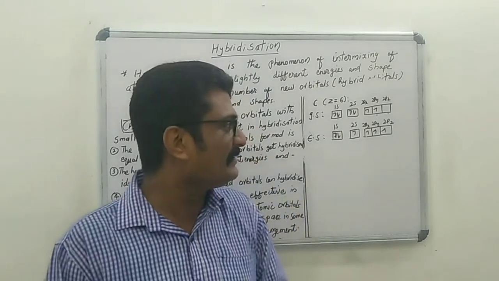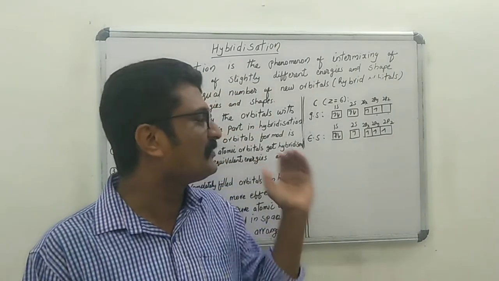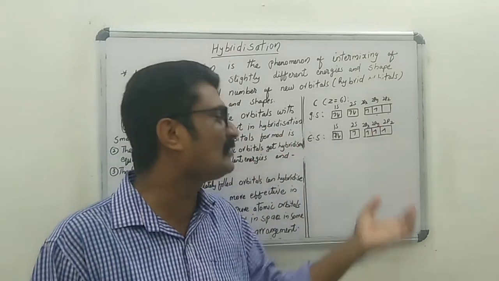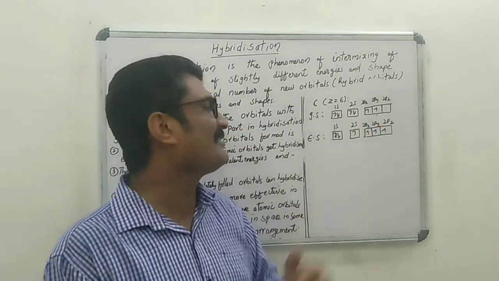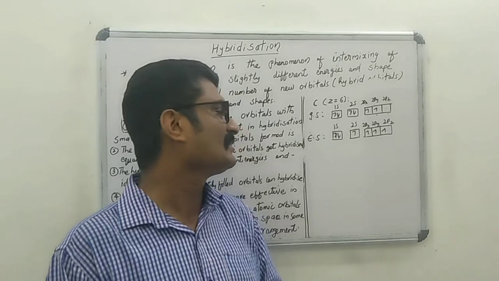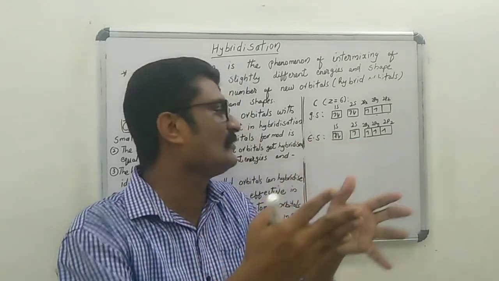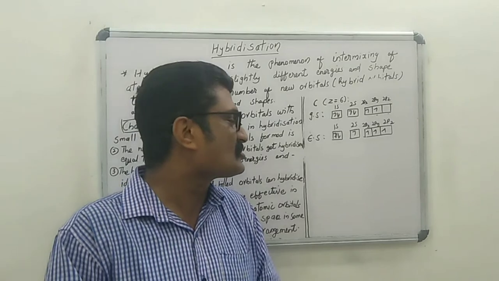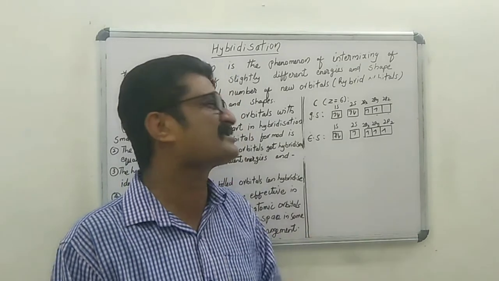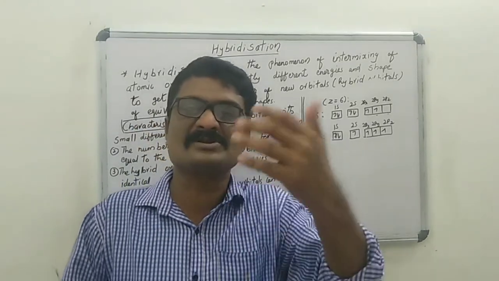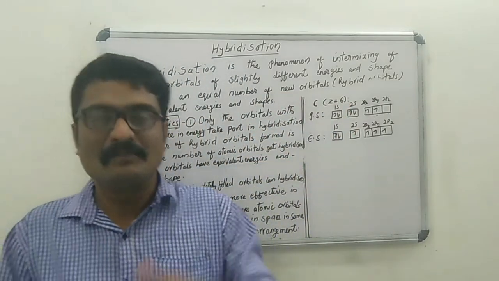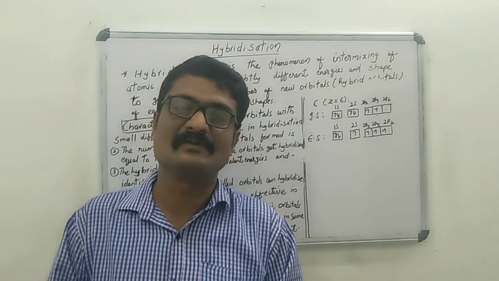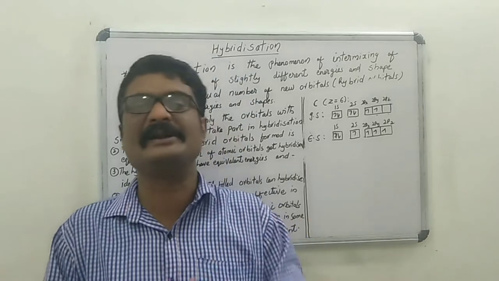Then that means what? If a carbon atom makes use of these individual atomic orbitals for the formation of bonds, the bond strengths will be different.